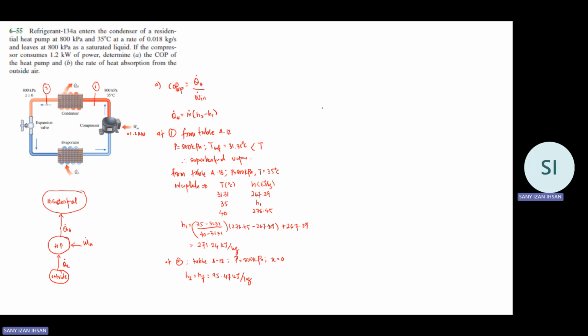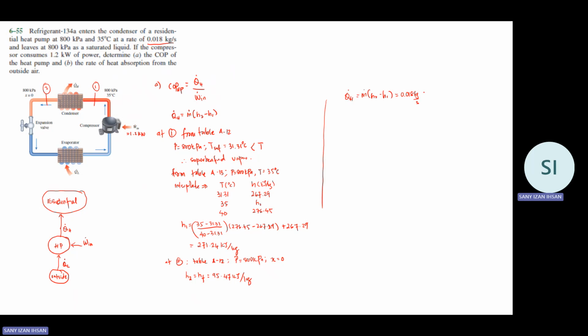Now we know H1, H2, we also know the mass flow rate. So you can go back to the equation. QH dot is nothing but m dot times (H2 minus H1), where m dot is 0.018 kilogram per second, given in the problem.